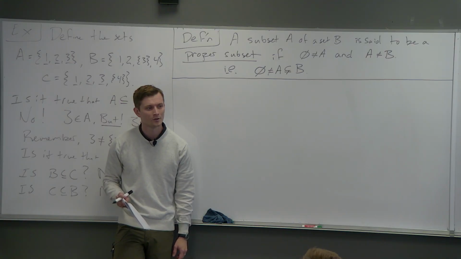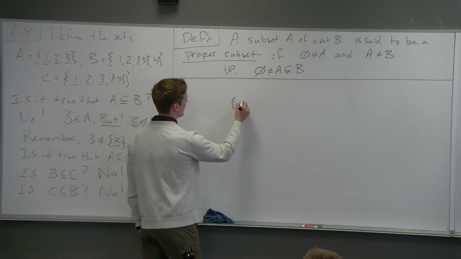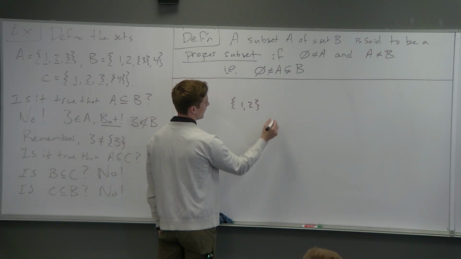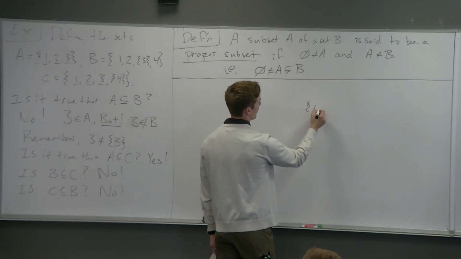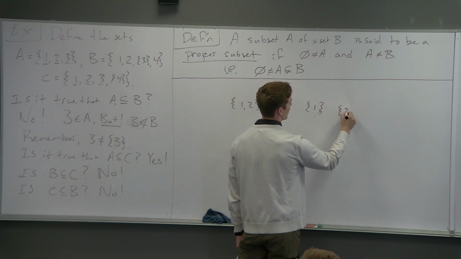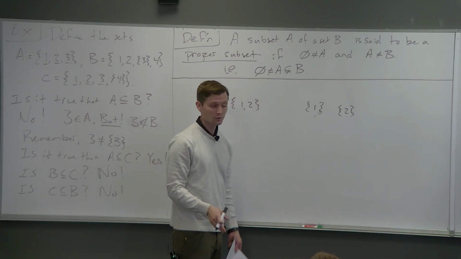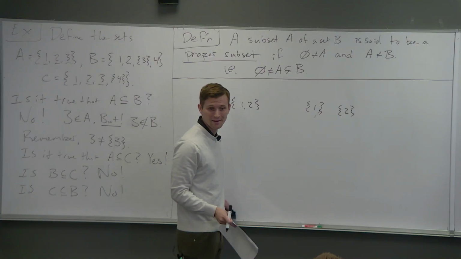Just two. So for instance, if your set was 1, 2, then the proper subsets would be the set with just 1 in it and the set with just 2 in it. Anything else would have either no elements or all of the elements, right?